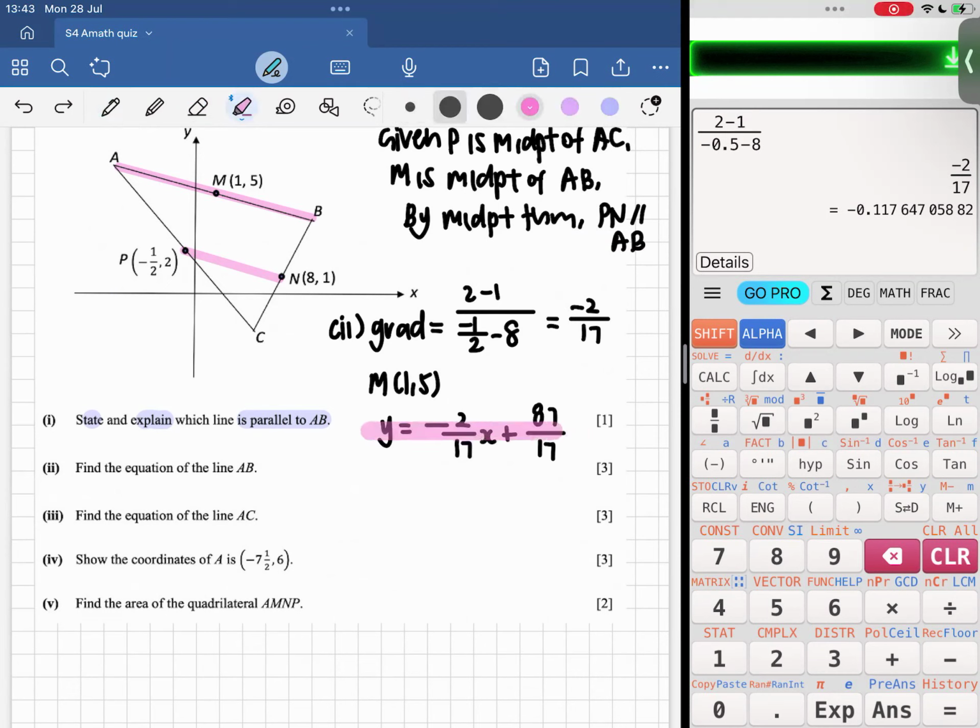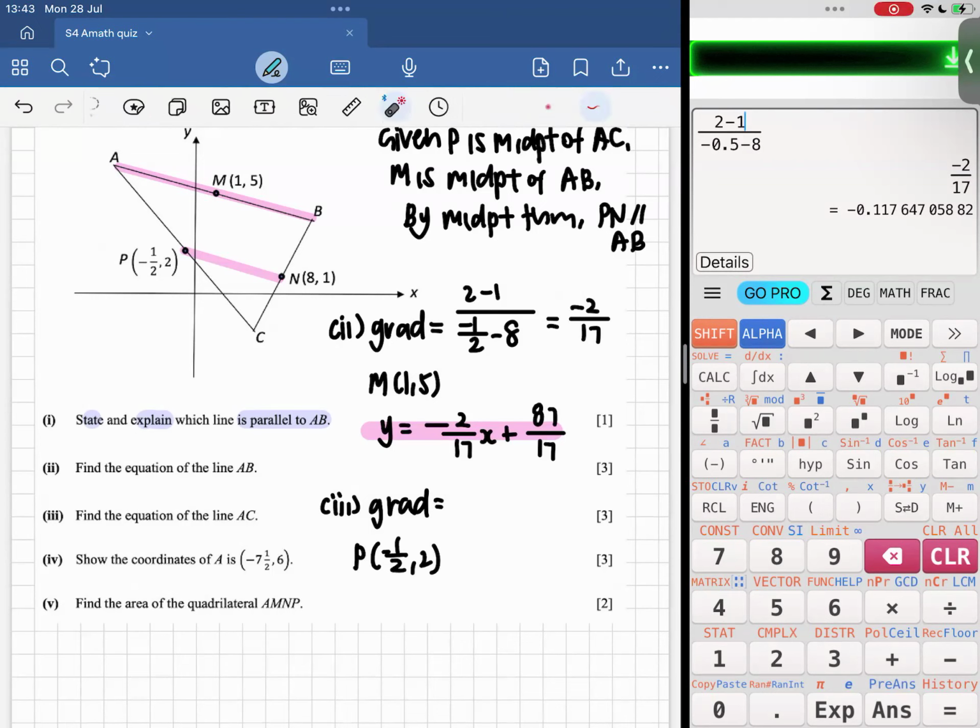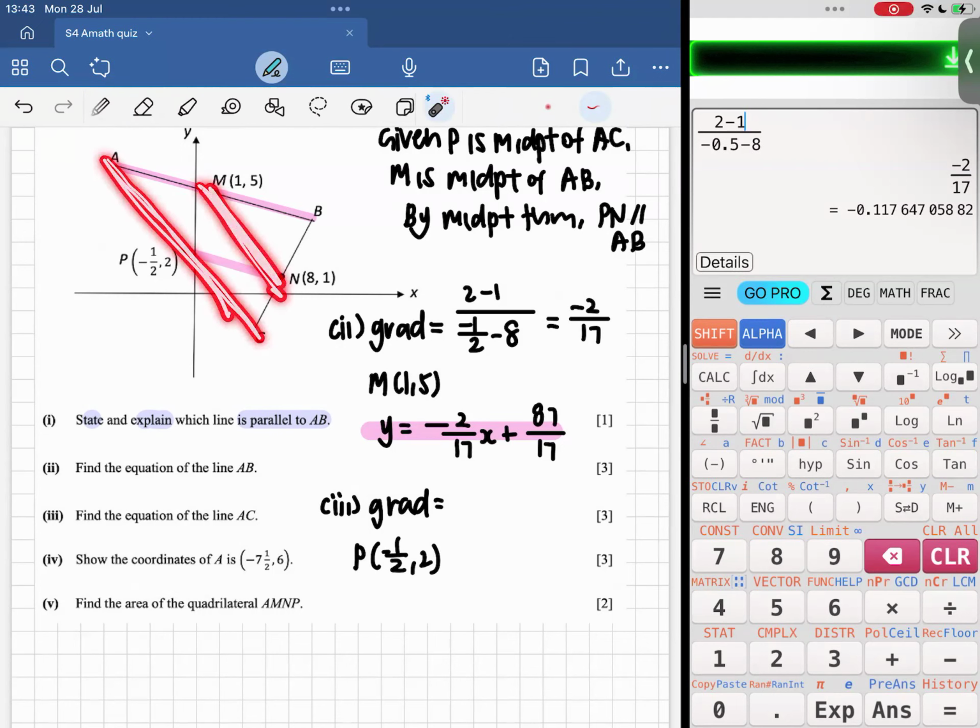Not scary, right? Next one, part 3, also equation of the line again. So you need gradient and any point on AC. AC have already. You can use negative half and 2. So equation of AC, AC is parallel to who? AC is parallel to MN, right?